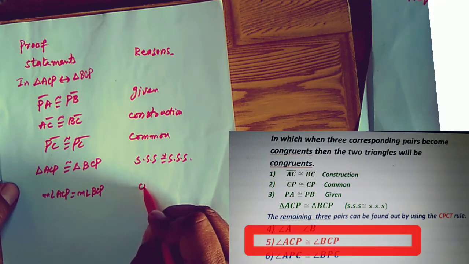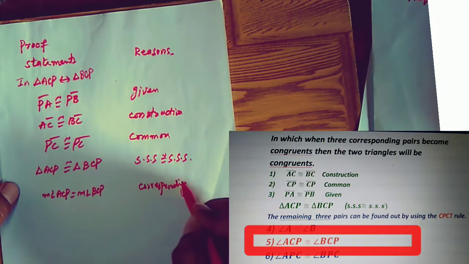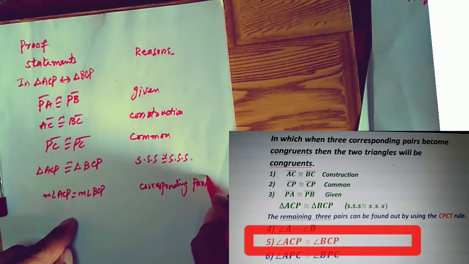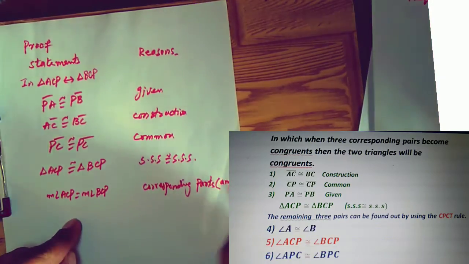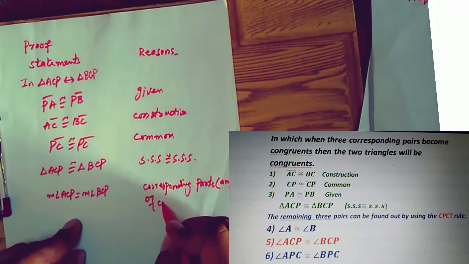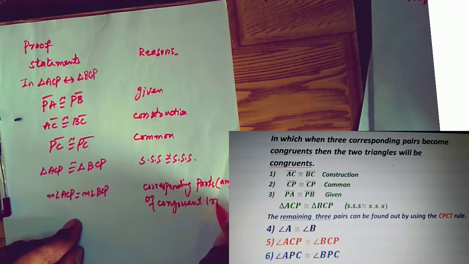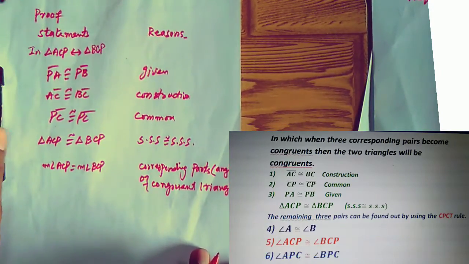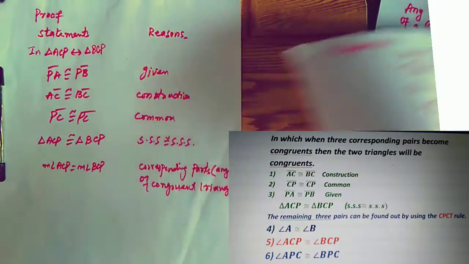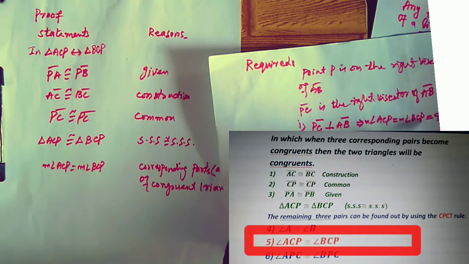CPCT means corresponding parts, meaning angles, corresponding angles of congruent triangles.